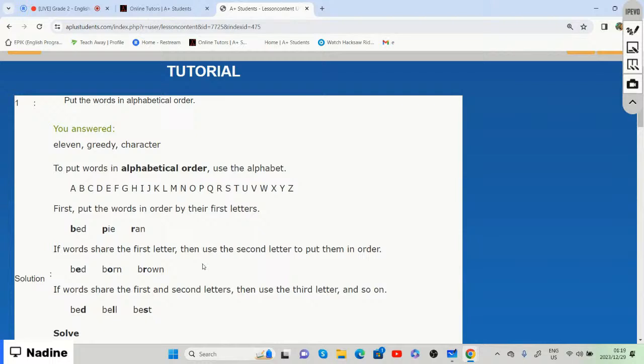If words share the first letter, then we use the second letter to put them in order. And if words share the first and second letters, then we use the third letters, and so on and so on.